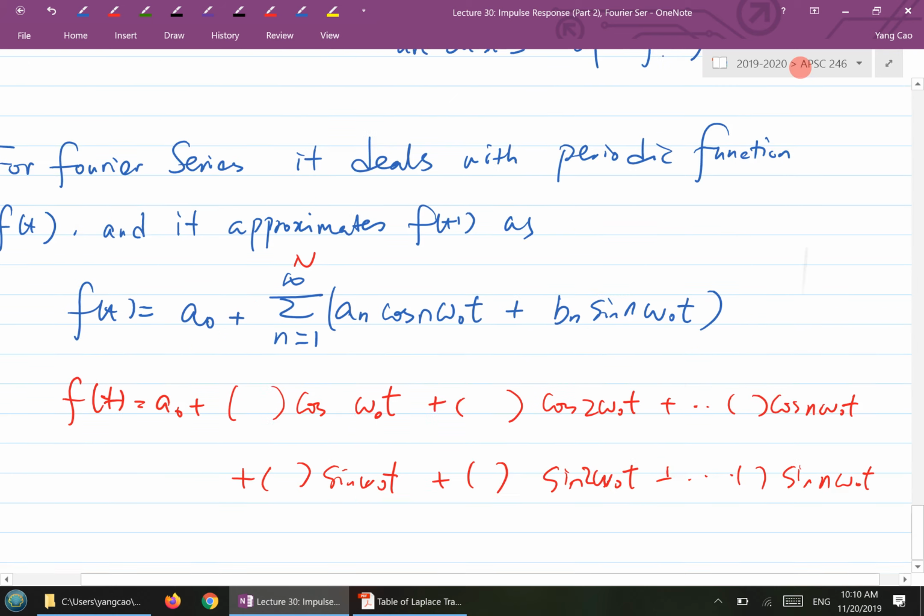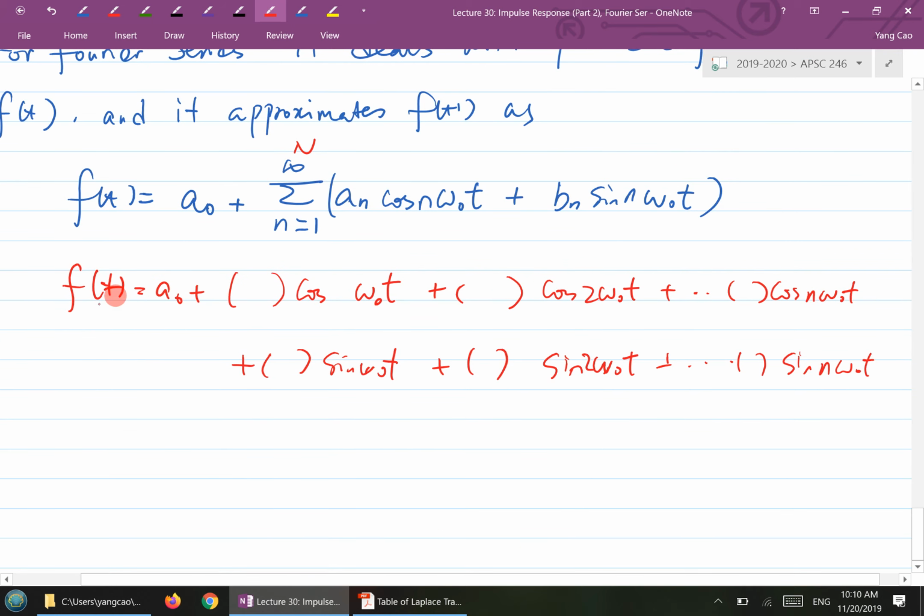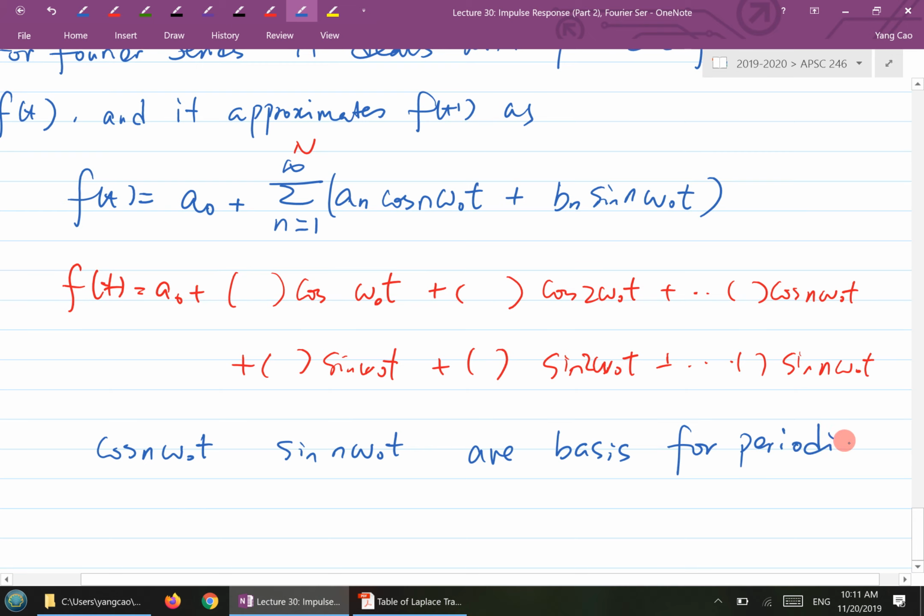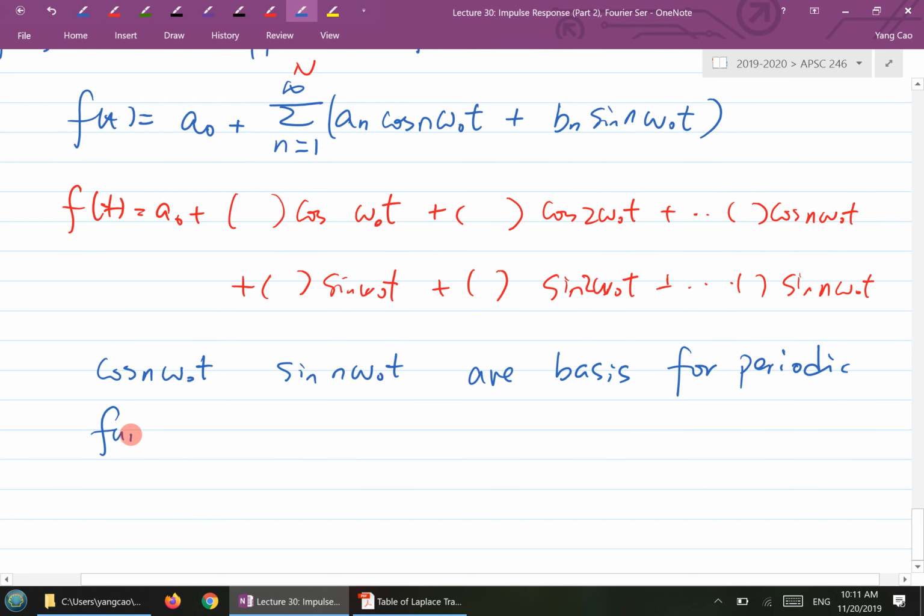The Fourier series replaces f of t with coefficients times sine or cosine terms. So this basically means that, using the similarity, those cosine n omega naught t and sine n omega naught t terms, for different n, are the basis for the periodic function f of t. Okay.